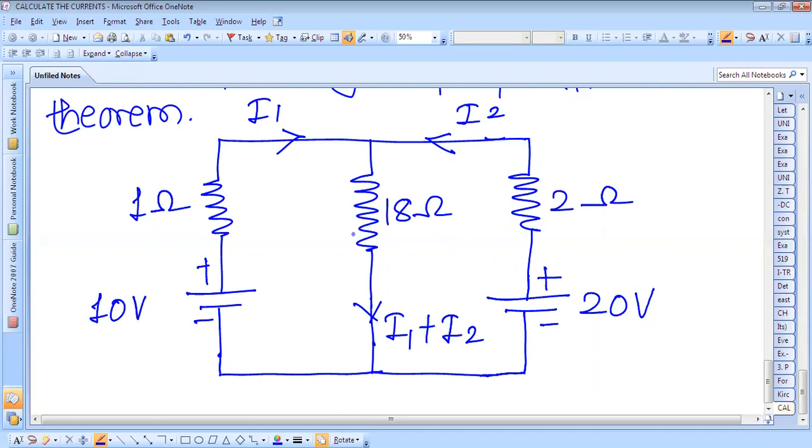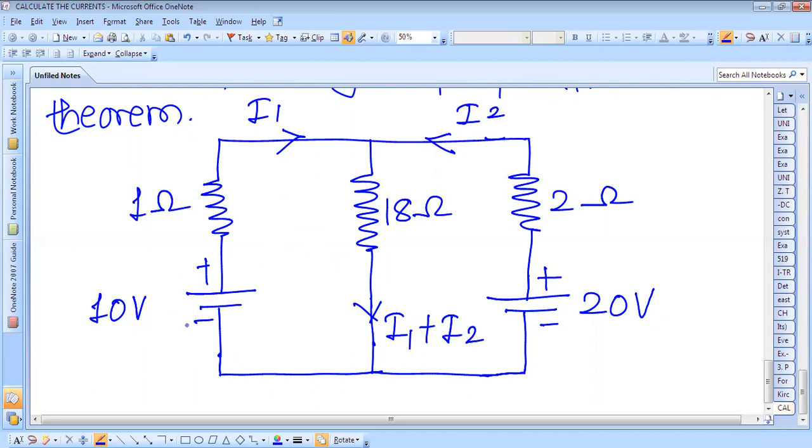But now we have to find the current flowing through this branch by applying the superposition theorem. And this superposition theorem states that in any network containing more than one source, now this is one source, this is one source, so there are two sources. Therefore, the current or the potential difference across any branch can be found by considering each source separately.